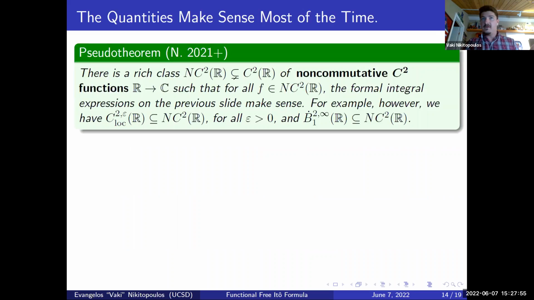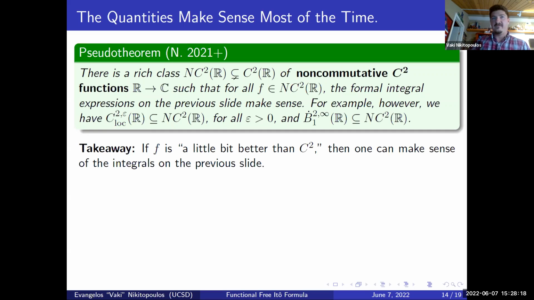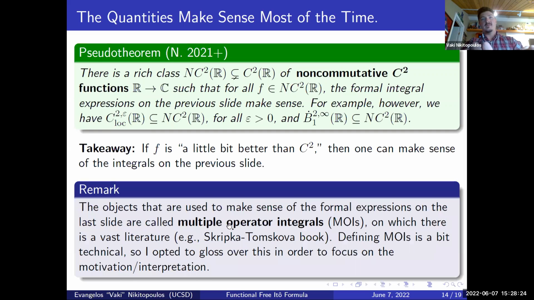The pseudo theorem is that there is a rather large class of C² functions, called non-commutative C² functions, for which those formal integrals do make sense. Part of the theorem is that, for example, C² functions with locally Hölder continuous second derivative lie in this class. The takeaway is that if f is just a little bit better than C², one can make sense of such things using these multiple operator integrals. But for the sake of time, I won't rigorously define them. I'm happy to do so perhaps at the end of the talk or in separate discussions.